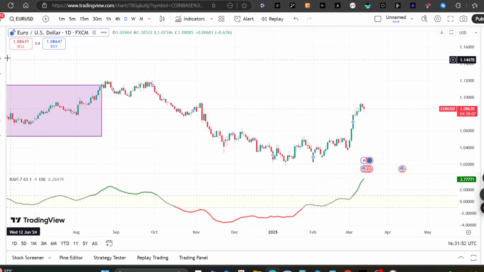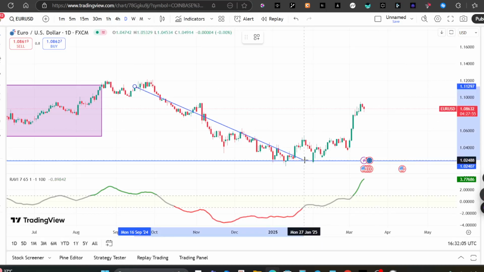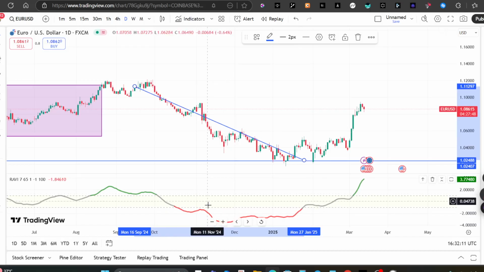Now you can see that here we had a low reading. Let's be practical. We had a low reading around here, even in the negative territory. In this case, the market was preparing for a reversal. This was a bearish trend before, but as the index noted this low reading, which started from this point all the way, the color was red.